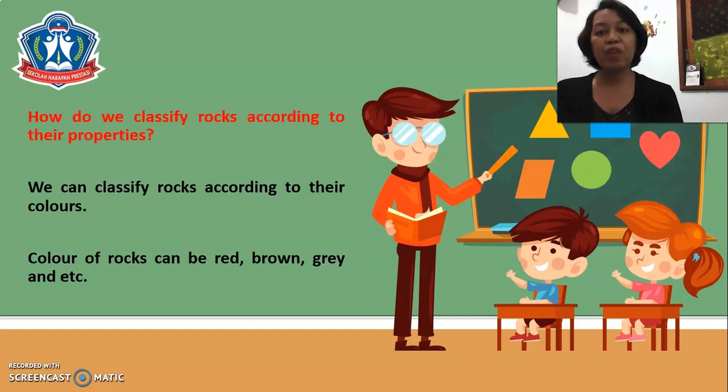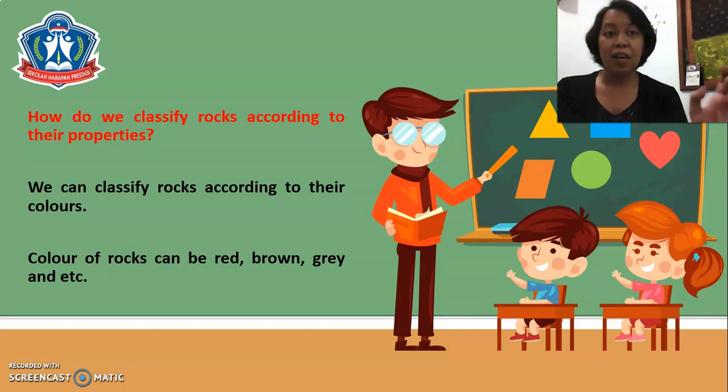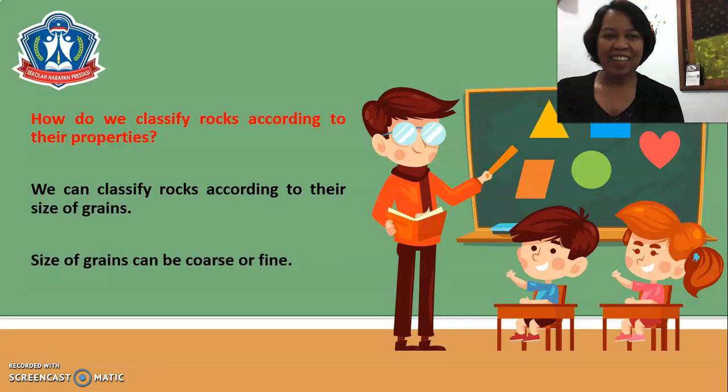How do we classify rocks according to their properties? We can classify rocks according to their colors. It can be red, brown, gray, and some rocks can be colorful or rainbow-like. We can classify rocks according to their size of grains. Size of grains can be coarse or fine.